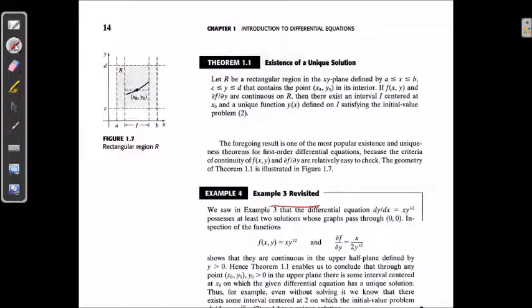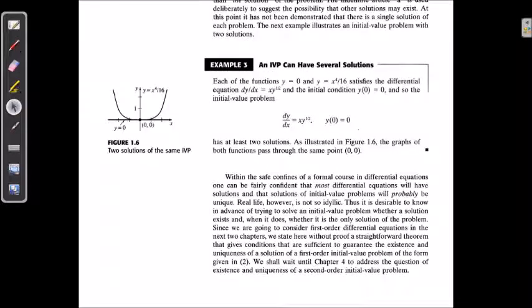Okay, next we will discuss the existence of a unique solution of a differential equation. We saw that some initial value problems have more than one solution. You see here this initial value problem, dy/dx equals xy to the power half, and y is equal to 0 at x equal to 0.